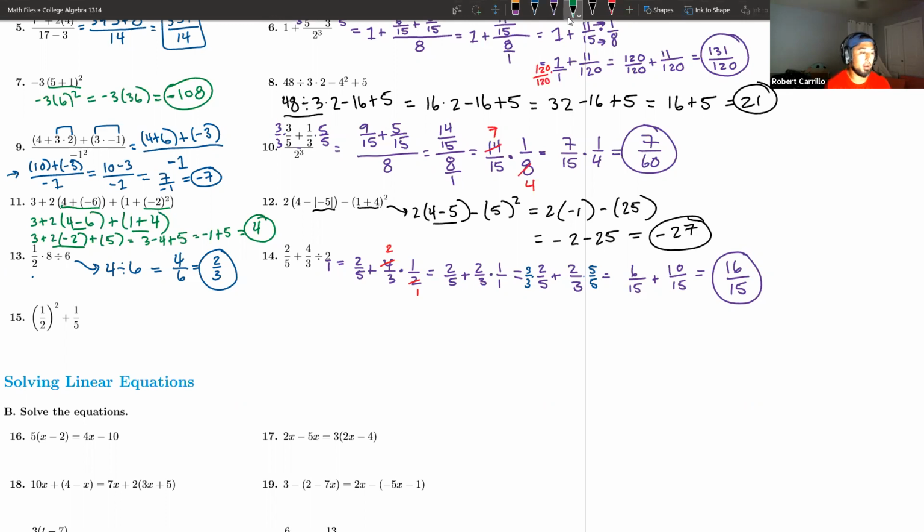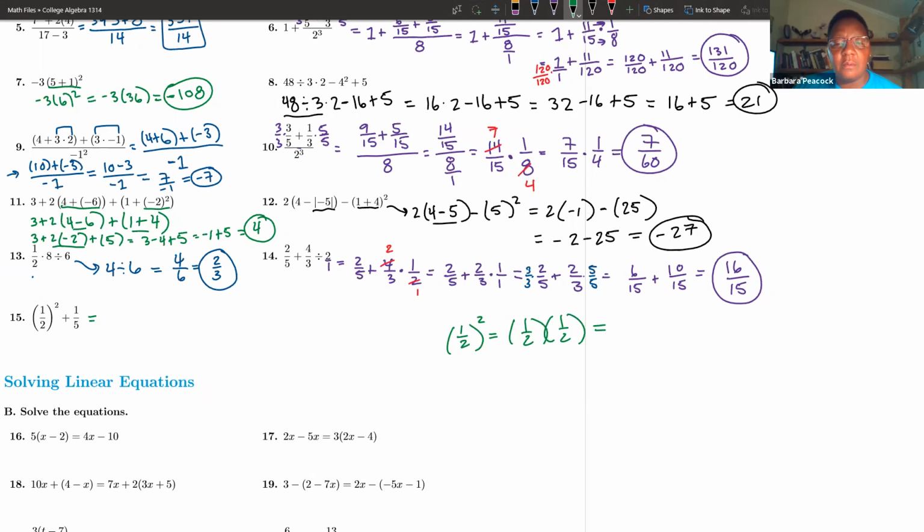15. 1/2 squared plus 1/5. All right, we have to handle the exponent first. So what is 1/2 squared? One. Close, but remember that 1/2 squared means 1/2 times 1/2. That equals a whole, if they were adding.